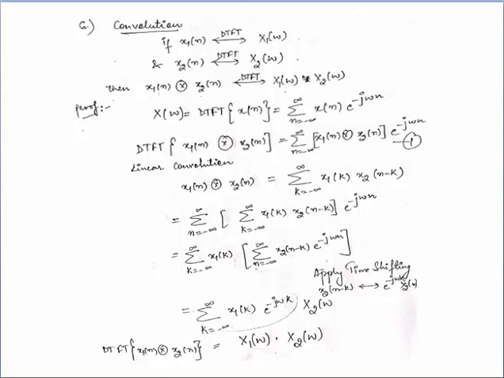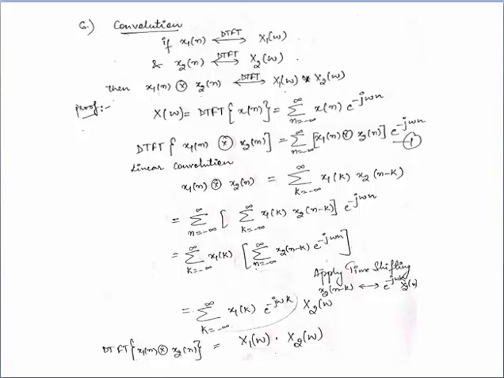Now we have to use the formula of linear convolution. According to linear convolution, that is also called convolution sum, x1 of n convolution x2 of n is equal to summation k tends to minus infinity to infinity x1 of k into x2 of n minus k. So put this formula into equation number 1.